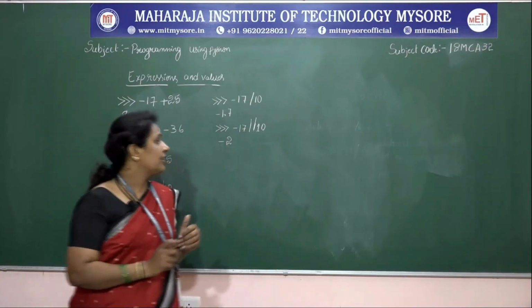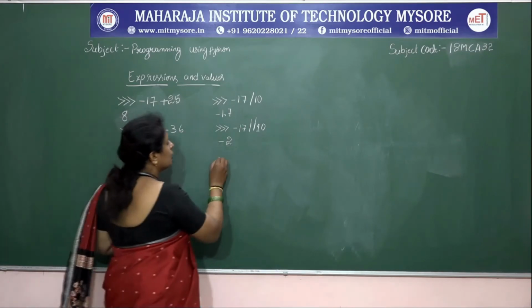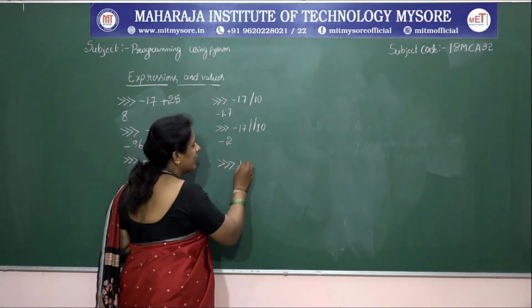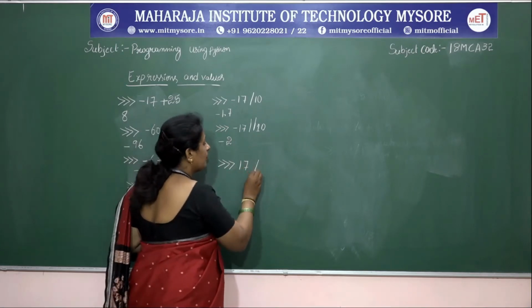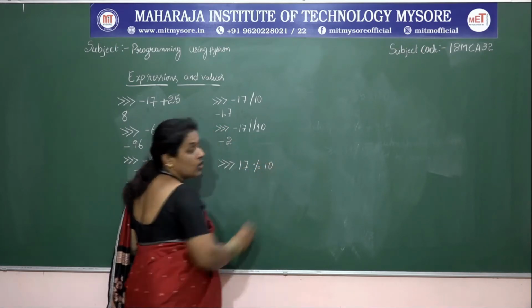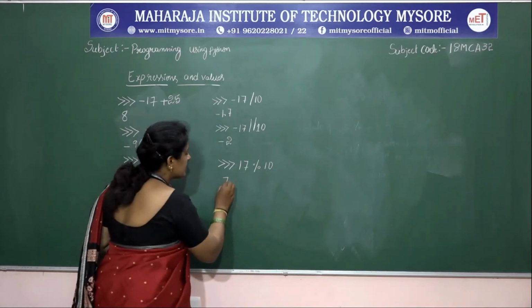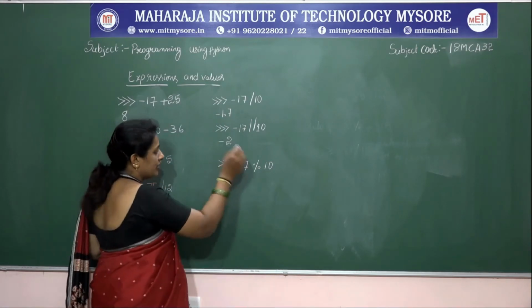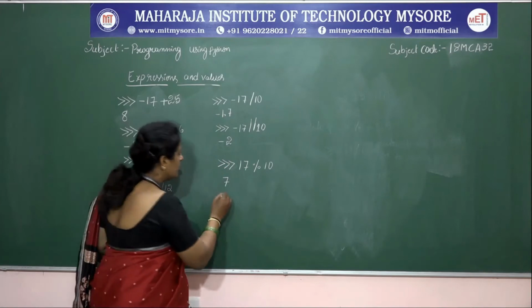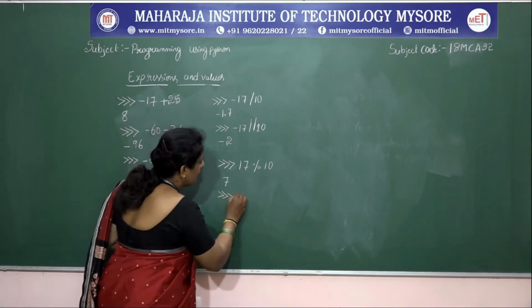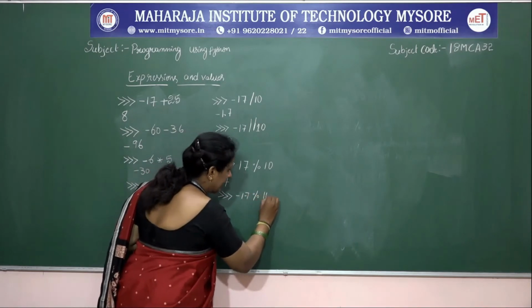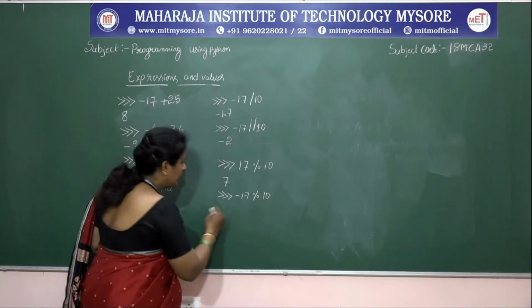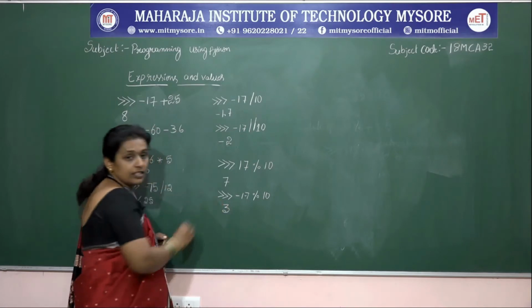Okay. So I will give the example. Normally, when you use the modulus operator, 17 modulus 10, the remainder is 7. Okay. With respect to a negative value, minus 17 modulus 10, the answer will be 3.